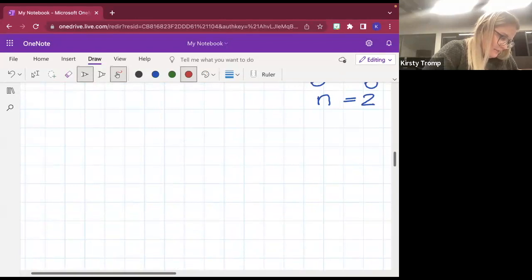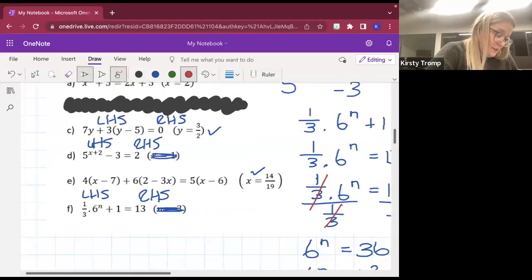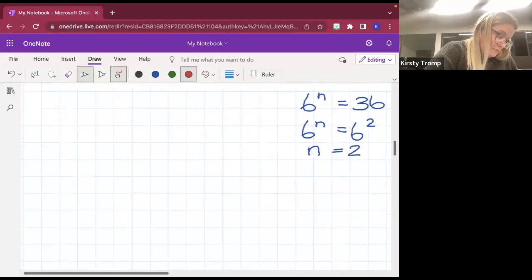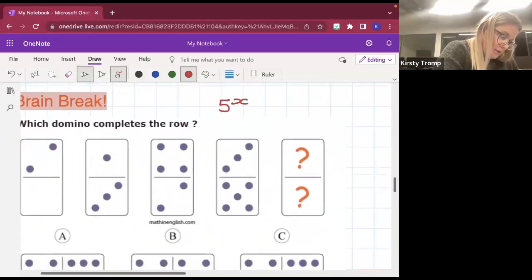Let's have a look. That's D over here. Oh, wrong sum. So is it E that you want to go through or D? D. Okay, so 5 to the power of x plus 2, minus 3 equals 2.